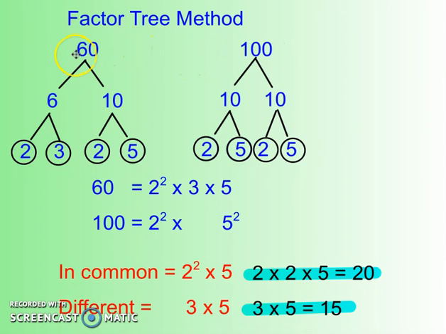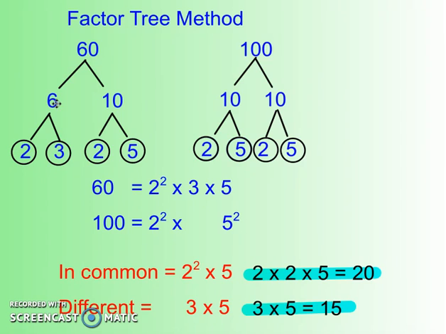And notice that I started off with both of them. I tried to find two factors that I can multiply to get to each number. So 60, I broke it down into two branches, 6 times 10. And then I noticed that 6 and 10 are composite numbers. They're not prime numbers, and so I didn't circle them.